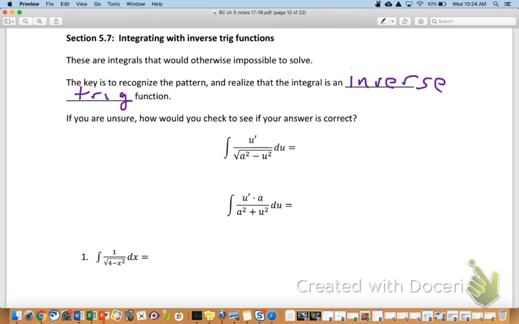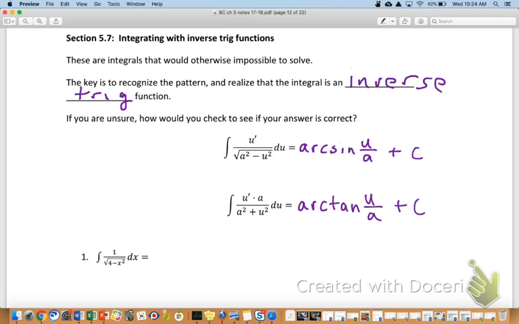It would have to be arcsine, right? Yep, so this would be arcsine of u over a, and then don't forget your plus c on the end. And what does the other one look a whole lot like? Arctangent. Yes, the derivative of arctangent of u over a. So this antiderivative would have to be arctangent of u over a plus c.